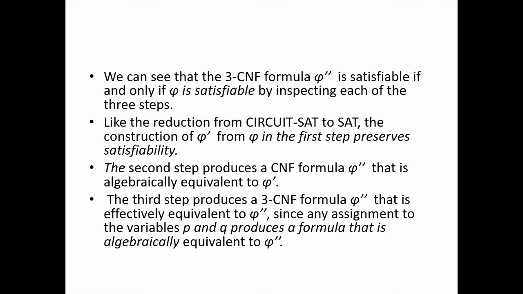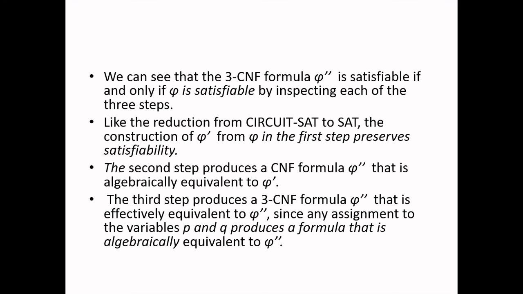Then you apply De Morgan's law, by which you get an AND of ORs, or a CNF. Okay, and the corresponding CNF will have at most 3 literals. If it has 3 literals, then you can output it.